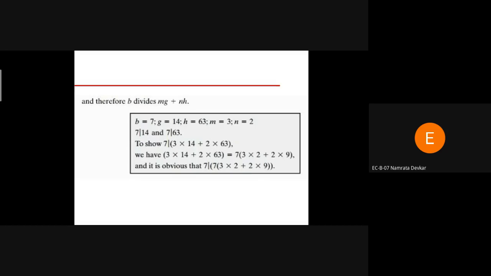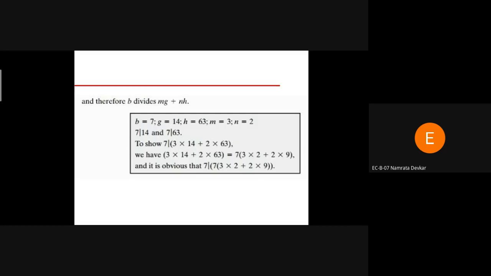So 3 into 2 plus 2 into 63. If we divide 63 by 7, 63 by 7 is 9. So we can write 2 into 9. Based on this, we can say the left hand side and right side are equal to each other.